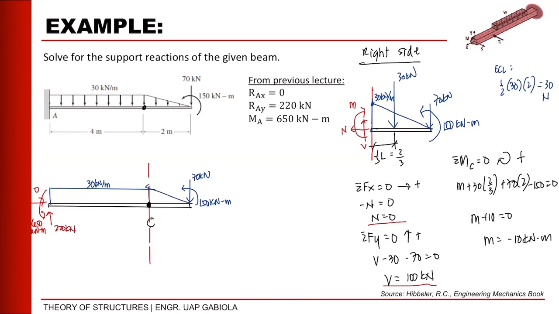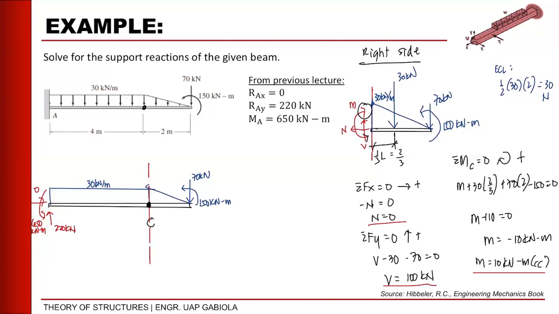Meaning, yung assumption natin again, ito is incorrect. So dapat siya ay counterclockwise. Lagay natin counterclockwise. So this is our internal forces for the given beam. Okay? Again, to check if that is the answer, all you need to do is to calculate yung left side and then verify kung ano yung makukuha yung value.